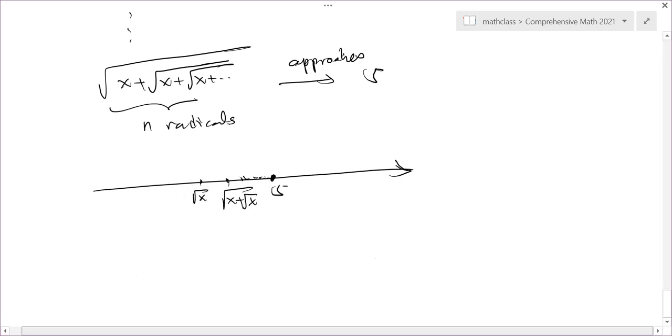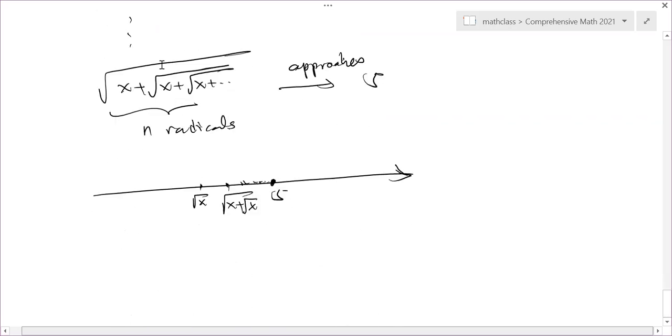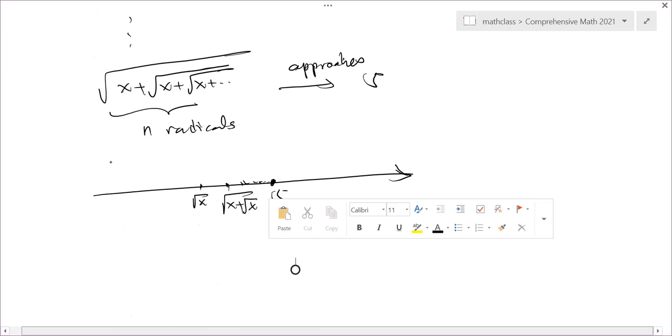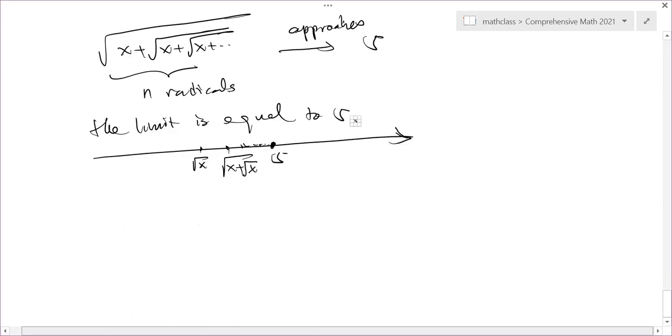Clear. It's an increasing sequence. I just explained to you the meaning of this. The above equation means the limit is equal to 5. Okay, now how do you find x?